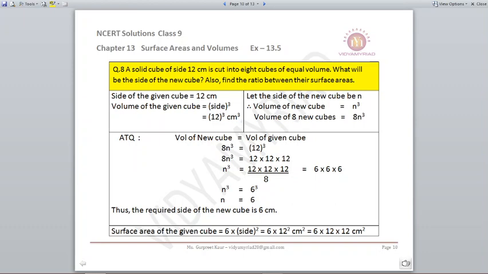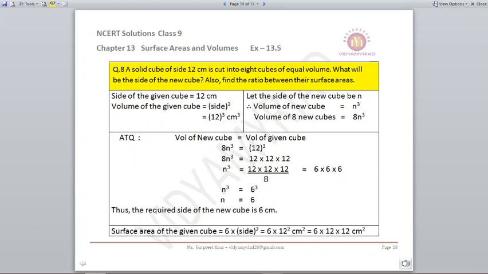So we can assume that the side of a new cube is n, because we don't know that. We know only the volume related to the given cube. So the volume of a new cube will be n cube, and we need to make 8 new cubes. So it will be 8n cube, and we are told that the volume of both will be equal, because we will be using the 12 centimeter cube and dividing it into 8 parts or 8 new cubes.